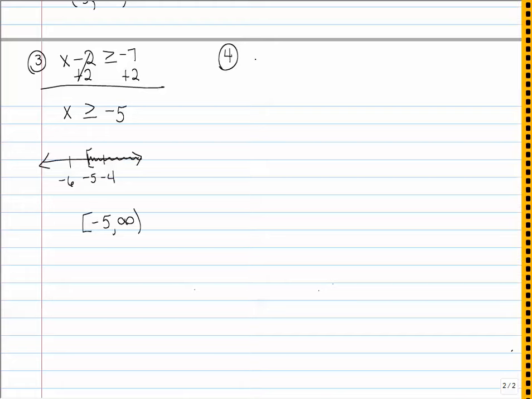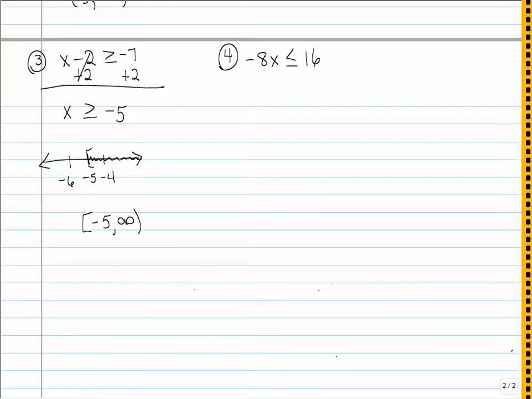All right, number 4. Negative 8x is less than or equal to 16. Now, the one thing that you have to remember when you're solving inequalities is that when you divide each side by a negative, you have to flip that inequality symbol around. So if it's a less than, you're going to have to make it a greater than.